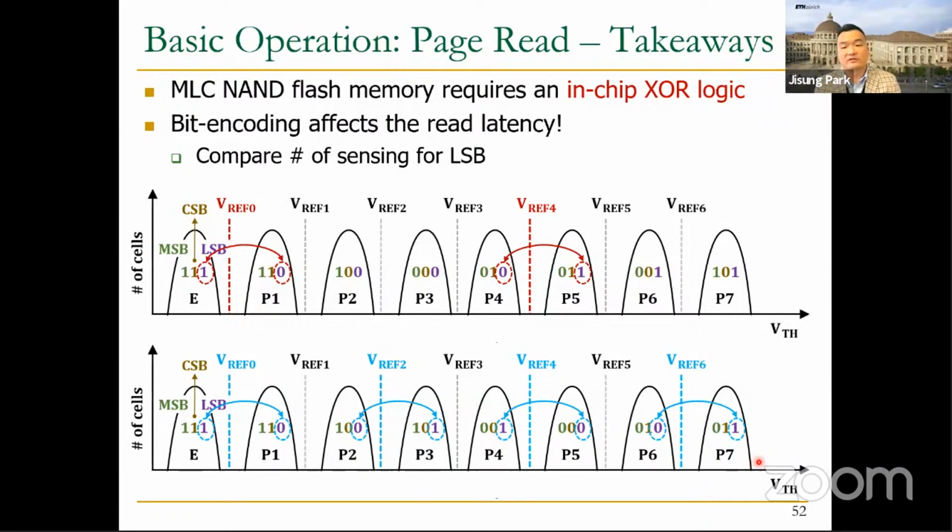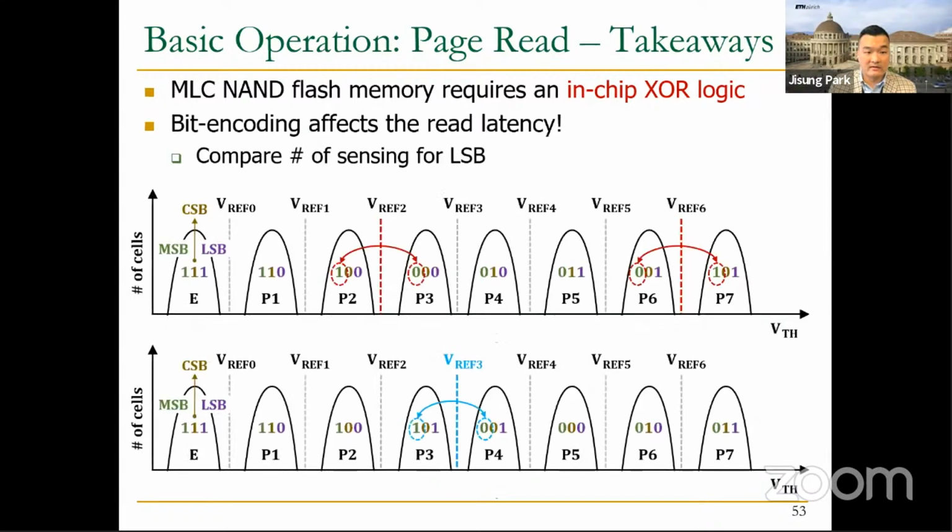The higher the number of sensing steps for reading a page, the higher the number of errors in the page read, because the errors in each sensing step using a different read reference voltage accumulate in the final result. So if there is no proper optimization, the bottom encoding scheme would introduce many more errors compared to the first encoding scheme when reading the LSB page.